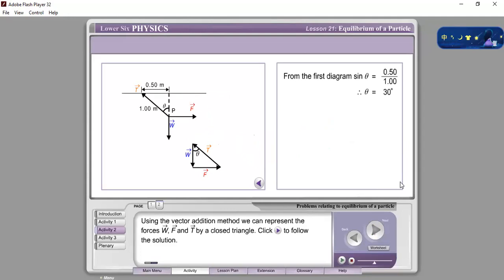Therefore, theta equals 30 degrees. From the second diagram, tan theta equals F over W. Therefore, F equals W tan theta, which equals 60.00 times 9.81 tan 30 degrees, which equals 3.40 times 10 to the power 2 Newton.